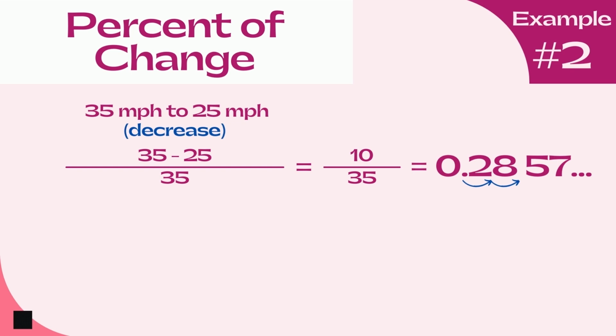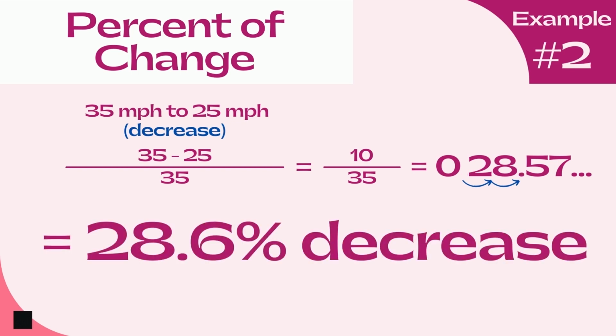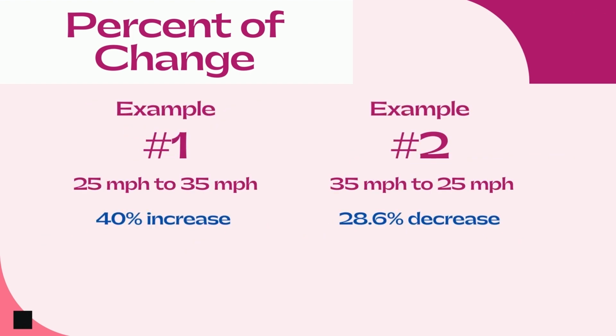So multiply by 100, or move the decimal 2 places to the right, and we end up with a 28.6% decrease. 28.6 came from rounding to the nearest tenth. We took that 7, which is 5 or higher, and that told us that we should round the 5 up to a 6. Decrease because we went from 35 down to 25.